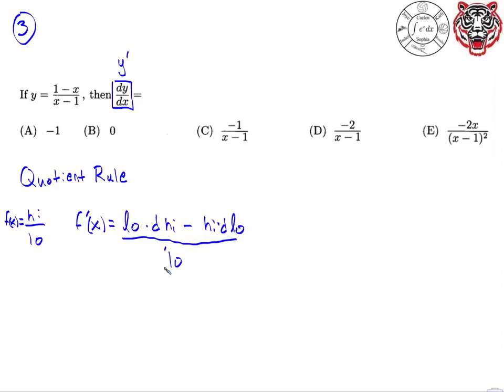Over low squared. Yeah, all over low squared. So low d high minus high d low over low squared. All right, let's fill that in. I know that you can simplify it really quickly. Can you just fill it in for us in the video?